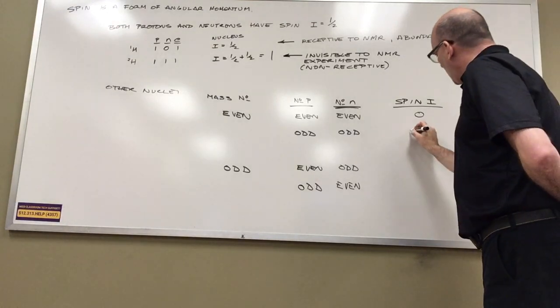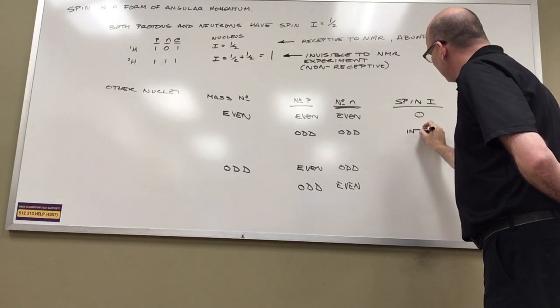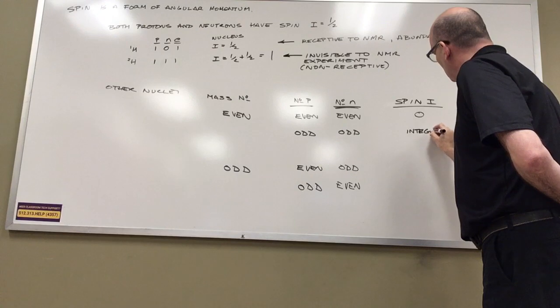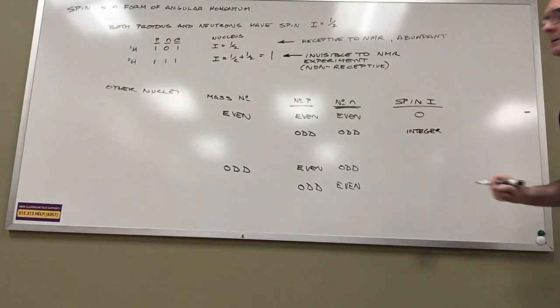When they're both odd, then I have integer spin nuclei. These are both nuclei that are not going to be of use to us. We're going to have to invent another technique completely to see those nuclei. Can't see them by NMR.